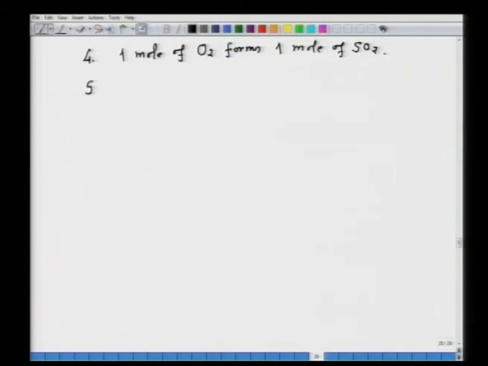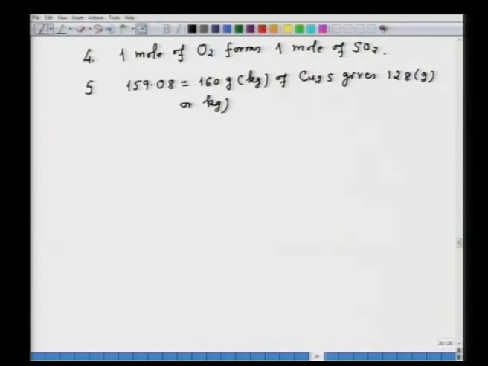So, you can see from this equation that 159.08, or if you take copper molecular weight as 64, then approximately 160 gram or kilogram of Cu2S gives 128 gram or kilogram of copper.